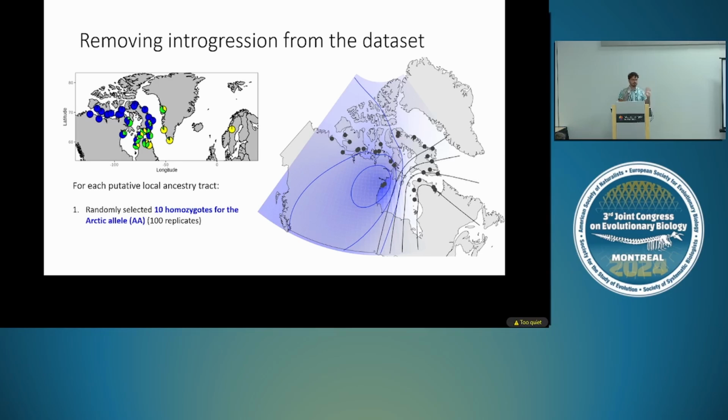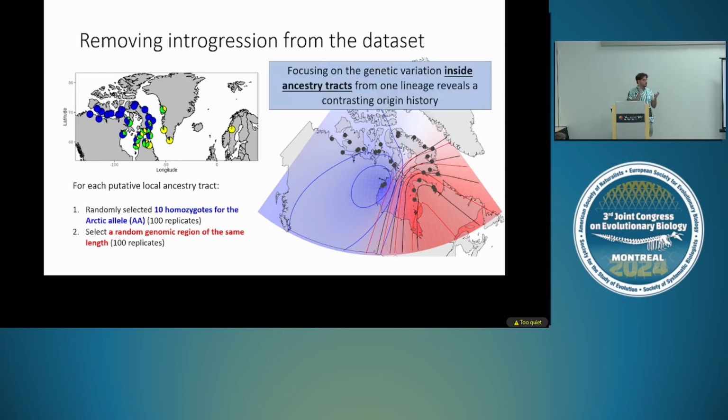There's a lot of variation between runs. But what is interesting is that if we take random regions that are also small, as our local ancestry tract, we actually find the whole genome distinct pattern. So we think that focusing on genetic variation inside those local ancestry tracts could help us contrast the story of our two lineages.